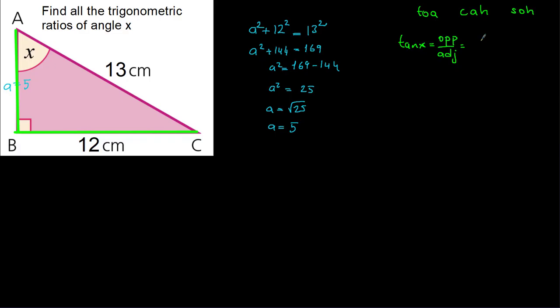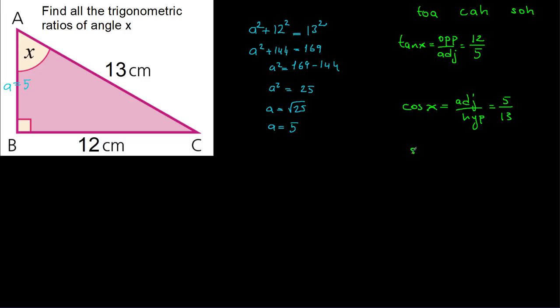Opposite of x is equal to 12 and adjacent of x is equal to 5, so tangent of x should be equal to 12 over 5. And cosine of x should be equal to adjacent over hypotenuse, which is adjacent side 5 over hypotenuse 13.